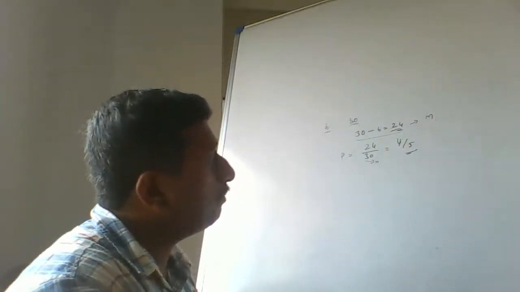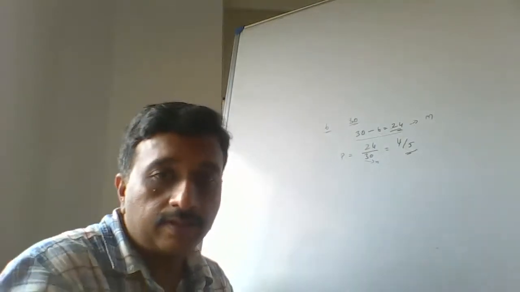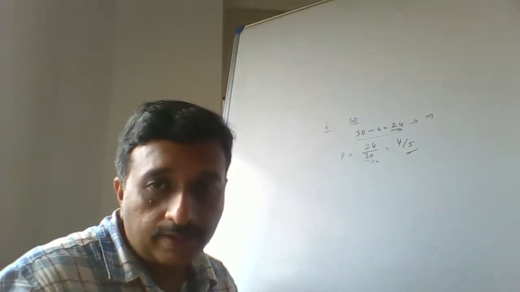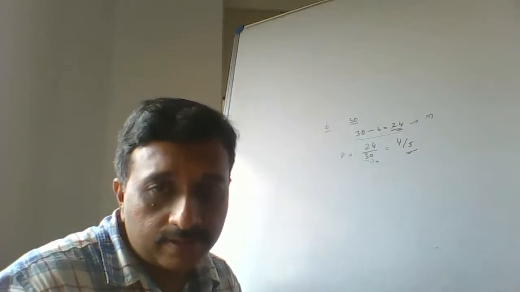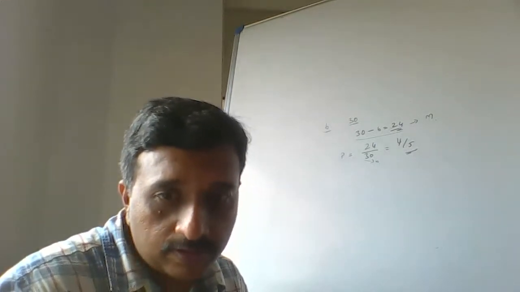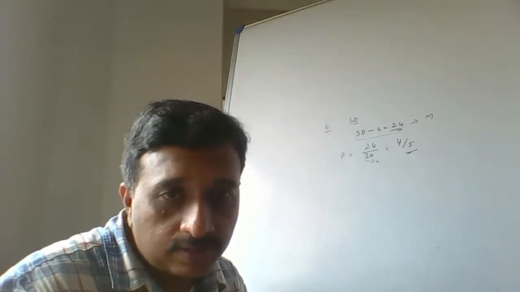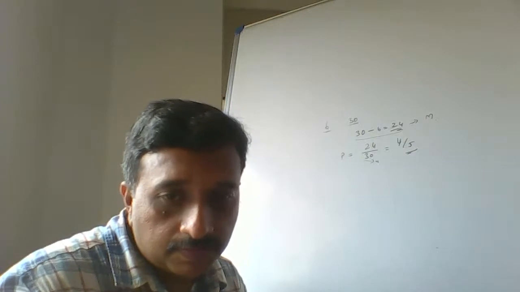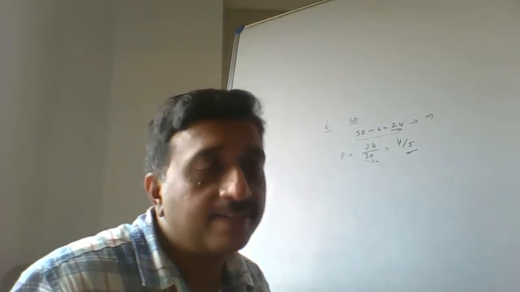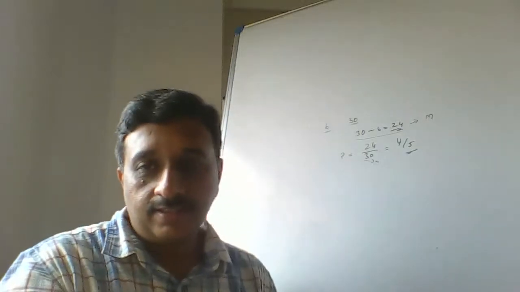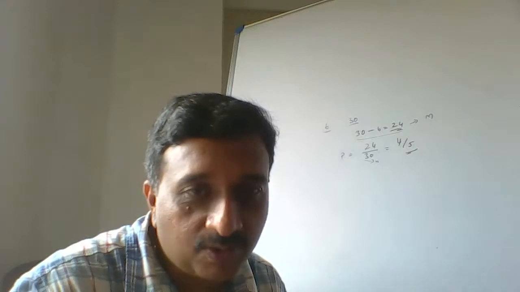So M by N, that is 24 by 30. Fine. Any queries? Shall I move on to the next problem? Okay, fine. Let us move on to the next.